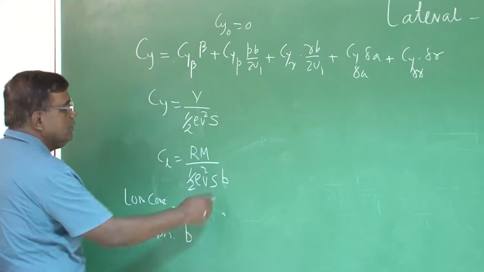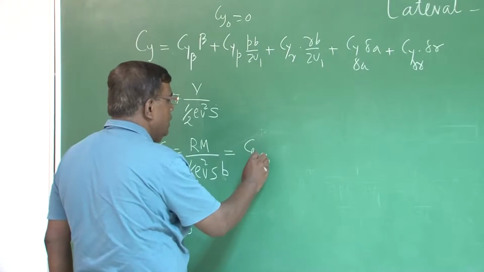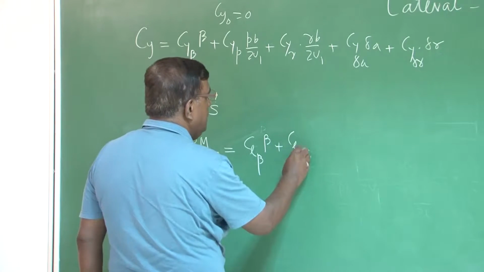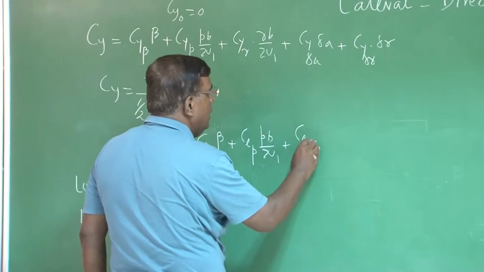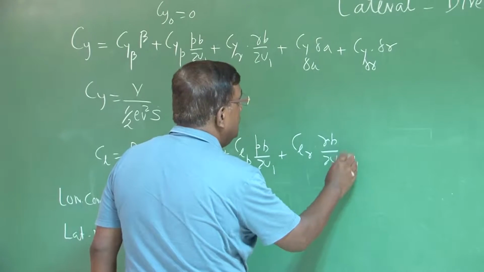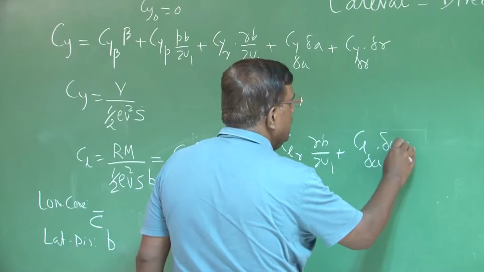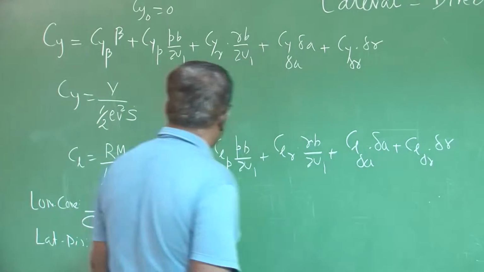That's why b is used here. So this I can easily write again: Cl beta into beta plus Cl p into Pb by 2u1 plus Cl r into Rb by 2u1 plus Cl delta a into delta a plus Cl delta r into delta r.